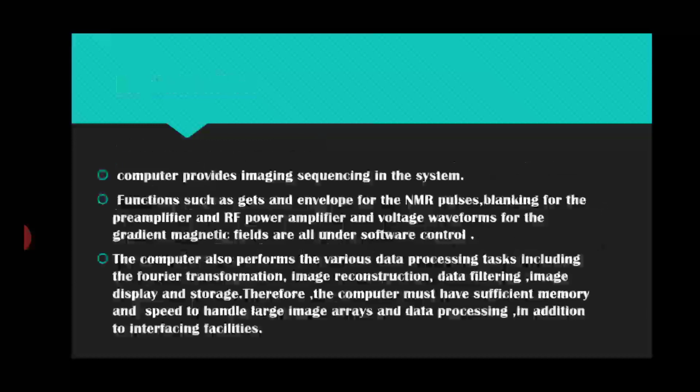The computer also performs various data processing tasks, including Fourier transformation, image reconstruction, data filtering, image display, and storage. Therefore, the computer must have sufficient memory and speed to handle large image arrays and data processing, in addition to interfacing facilities. So this is the MRI equipment.